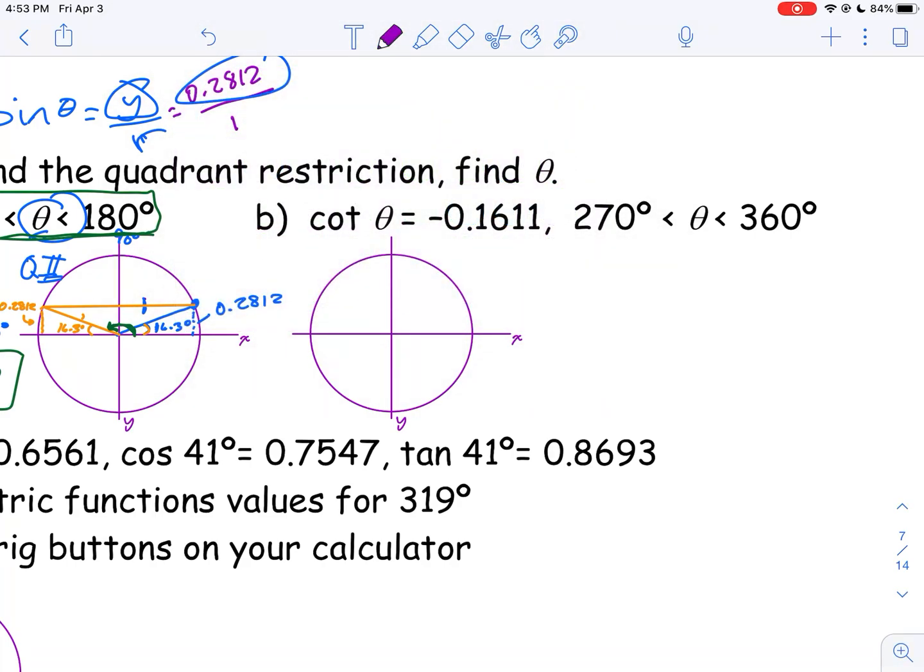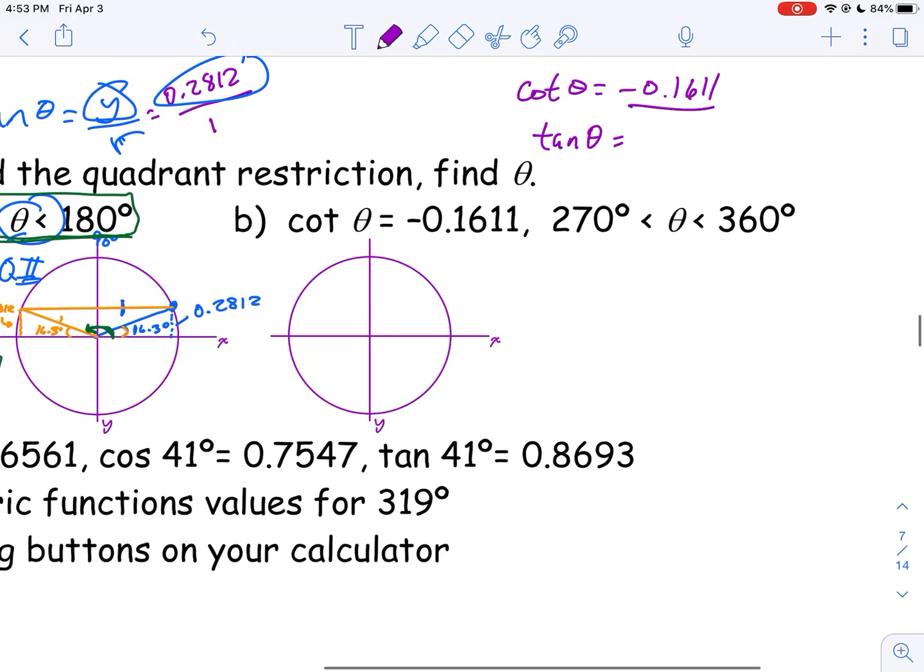All right, so let's take a look at cotangent. If we know that cotangent of theta equals negative 0.1611, you might want to put that in your calculator, get the inverse cotangent to get what theta is. The issue is most calculators don't have an inverse cotangent button. So instead, we have to look at tangent of theta being the reciprocal of this.